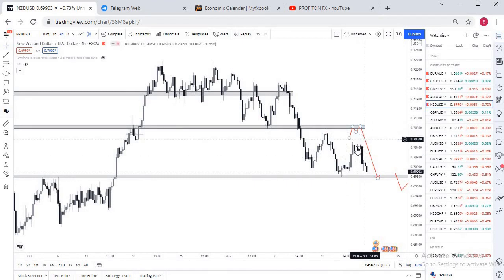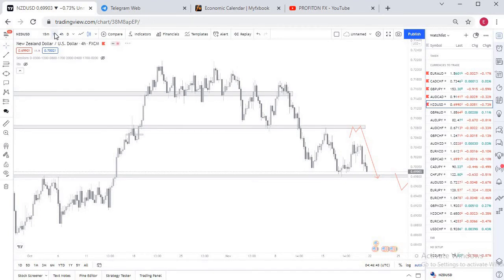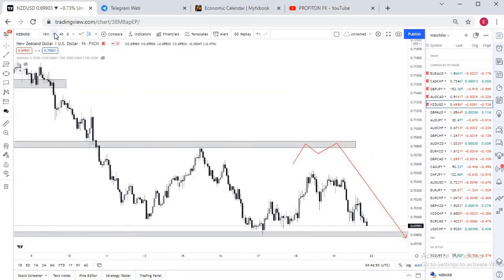However, we were not able to see that. Also at this point, I was looking to get in a short position. I had called out this trade, I believe last week, not this week that has just ended.